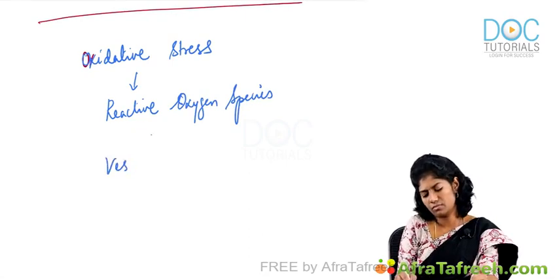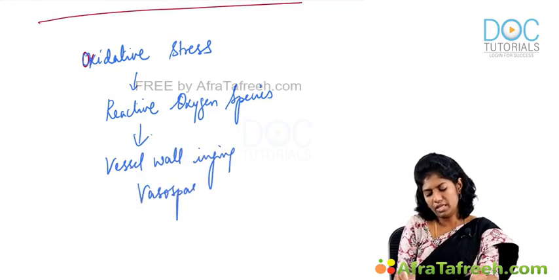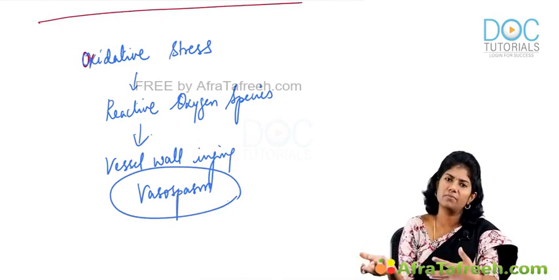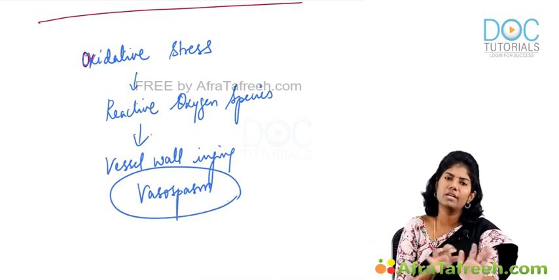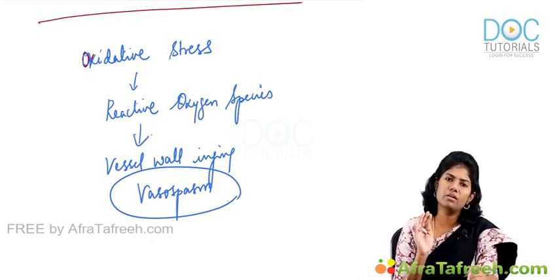So again I am telling, the key pathology is vasospasm. The mechanisms behind this vasospasm may be different, but the key pathology is failure to relax and vasospasm. So, these are the 4 important factors under the etiology.